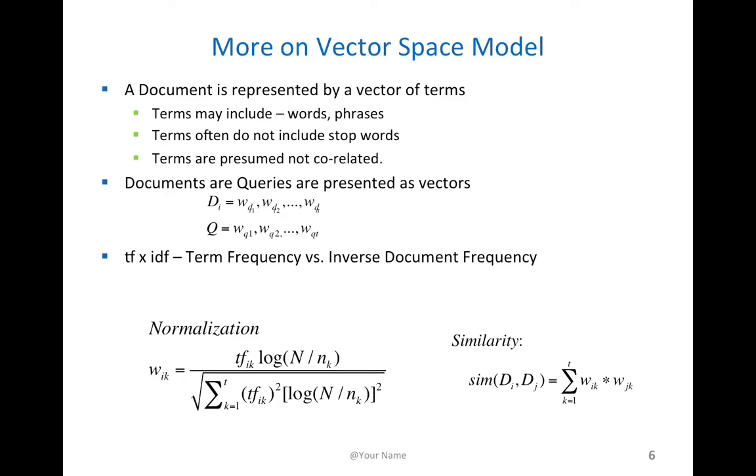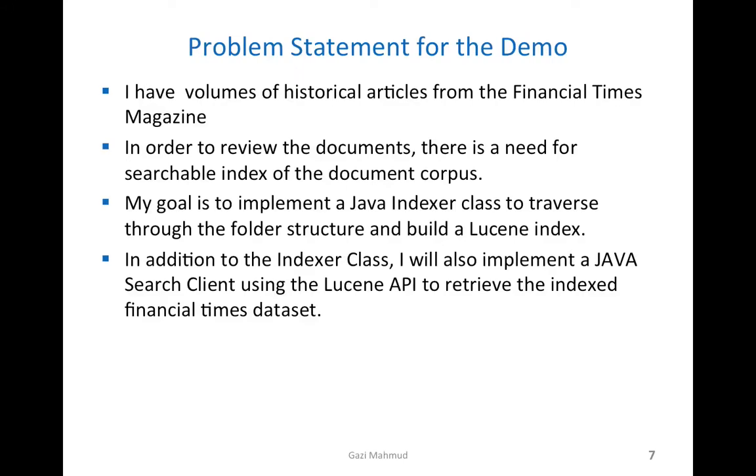Then it finds similarities between the documents. The in-depth discussion of term frequency versus inverse document frequency is beyond the scope of today's demo, but this is a brief overview of what it does behind the scene.